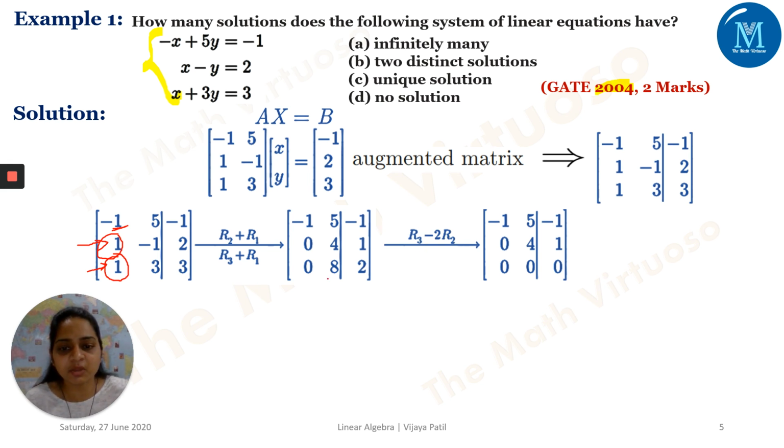Why is that so? Because I wanted to make this 8 equal to 0 using the element 4 of R2. R3 minus 2 times R2 would give me this, and if you observe, this is what I have got as 0.